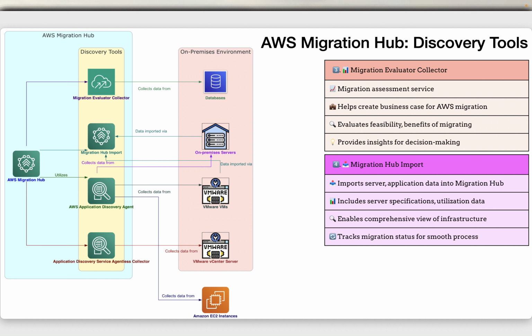With Migration Hub Import, you can import information about your on-premises servers and applications into the AWS Migration Hub console. The imported data includes server specification and utilization data, enabling a comprehensive view of your infrastructure. You can use this imported data to track the status of your application migrations within Migration Hub, ensuring a smooth and organized migration process.